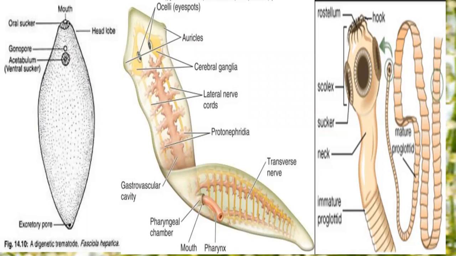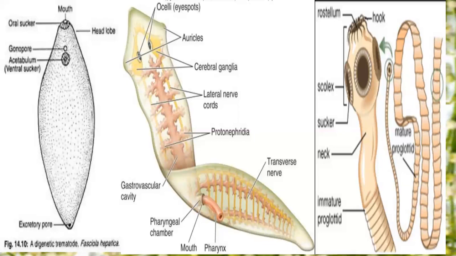It attaches itself to the body of the host with the help of two suckers. They are called the oral sucker, one around the mouth at the anterior tip, while the other is slightly behind the first one on the ventral side of the body.